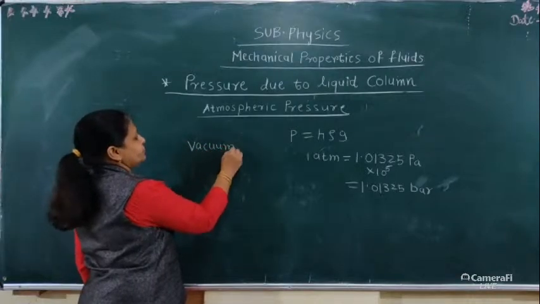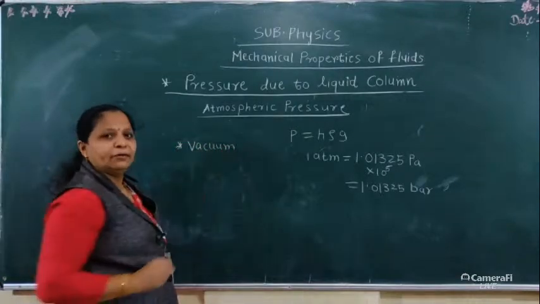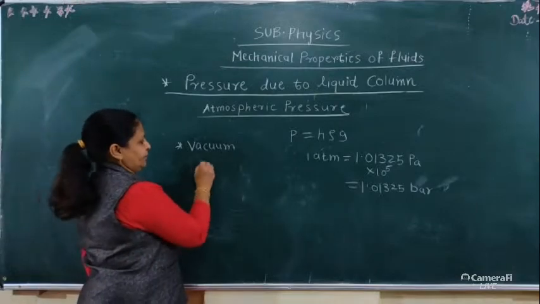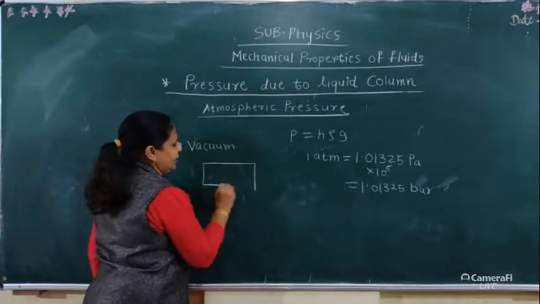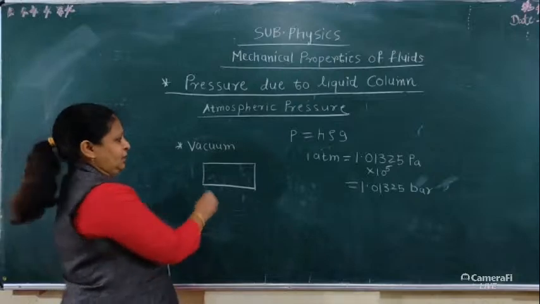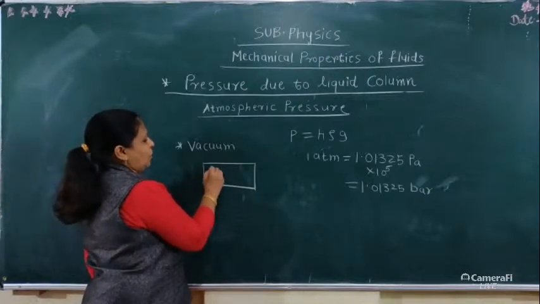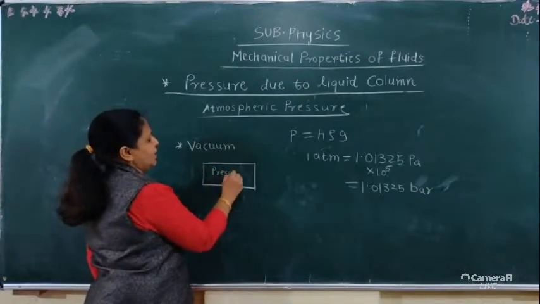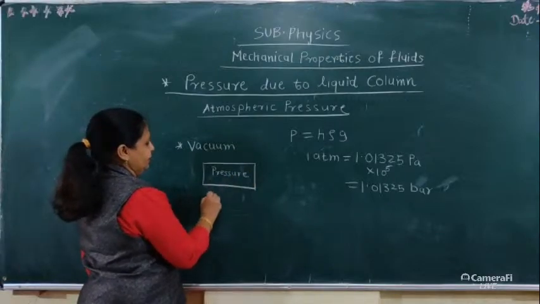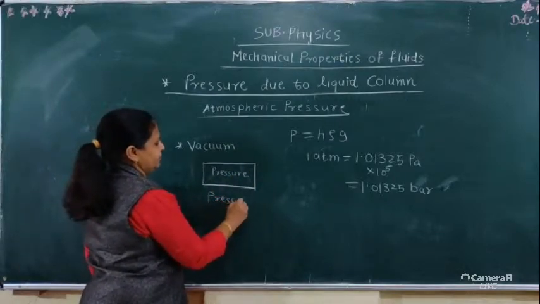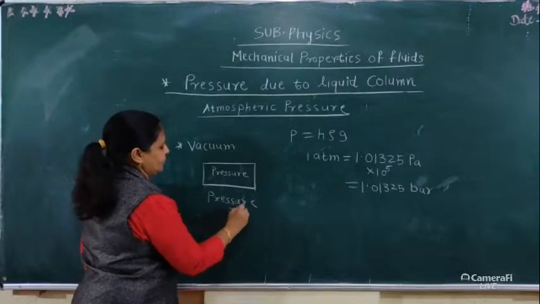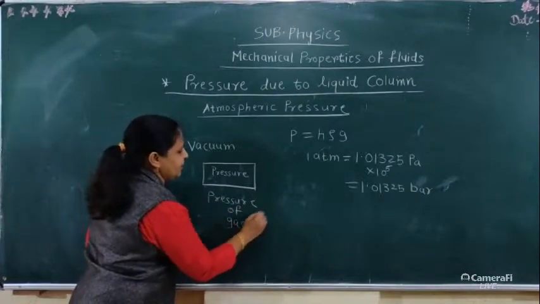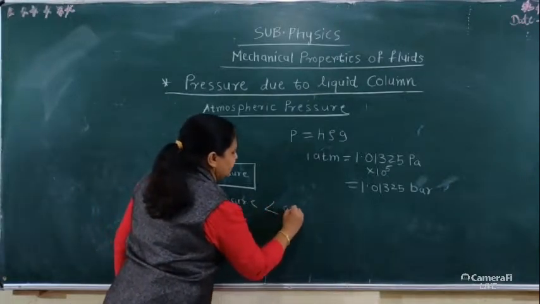Now, vacuum. Suppose here we consider any region, and in this region the pressure of gas is less than atmospheric pressure.